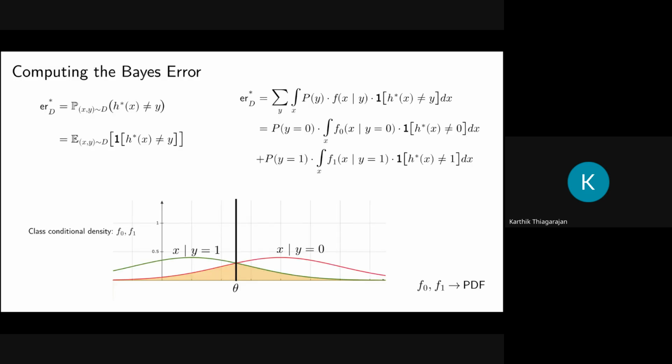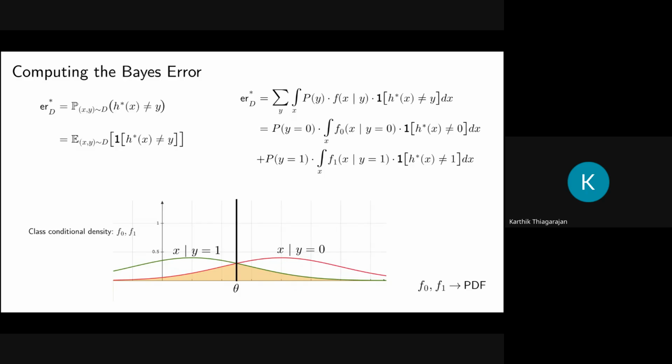Going with the example that we discussed earlier, you have to look at p of y equal to 0. To start with, y equal to 0 is what? This red color curve. In the red color curve, you'll have to ask this question: this integral, remember, is over the entire region, over all the real line. So it's not limited to a particular region.